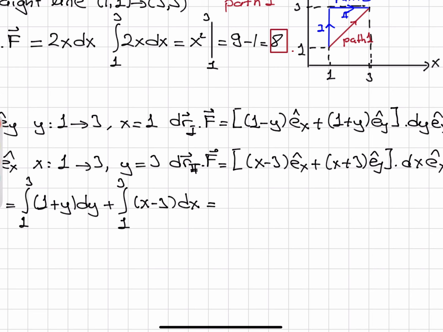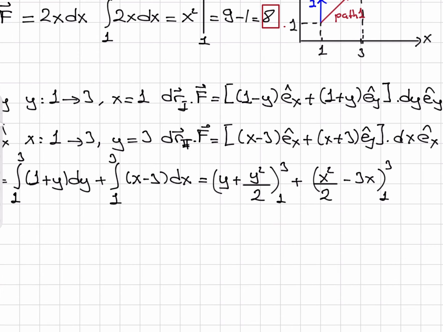Performing this integral, I obtain y plus y squared over 2, which will be evaluated between 1 and 3. And then I have, for this integral, x squared over 2 minus 3x, which will be evaluated between x equals 1 and 3.